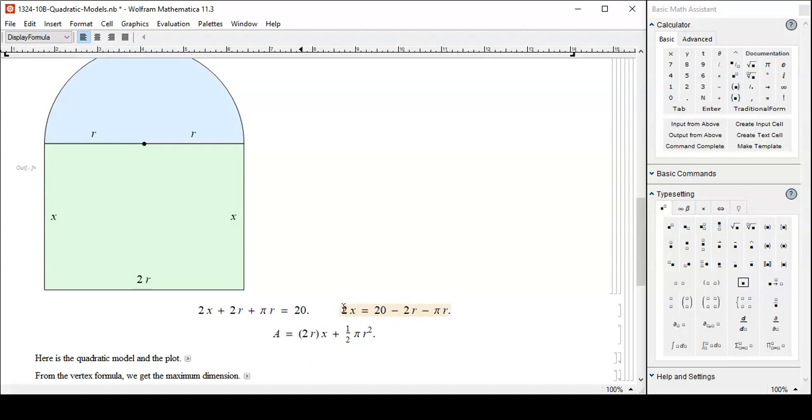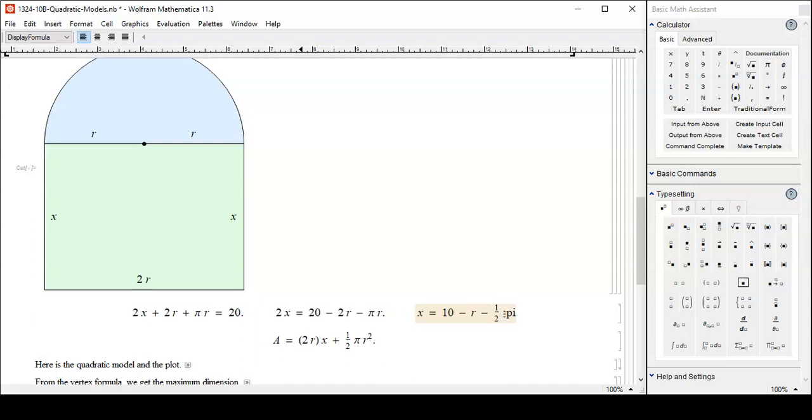Okay, divide everything by 2. X is 10 minus r minus 1/2 pi r. Got it? And that goes right here.